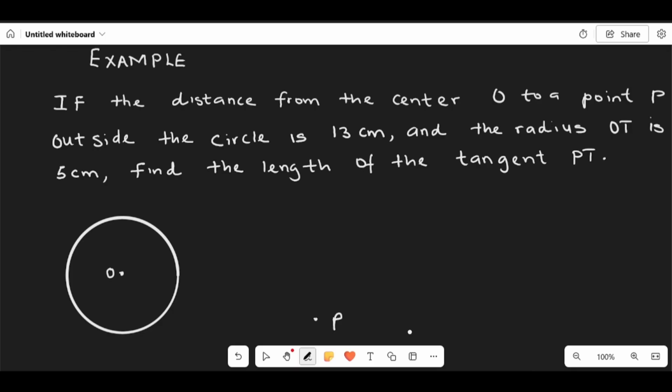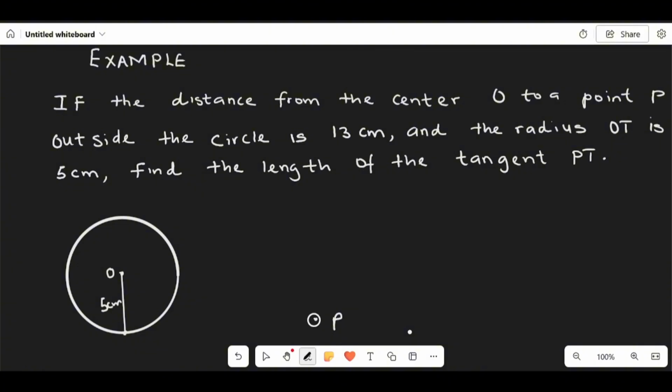Let us name this place T, and let us join here and this place together. This is 5 centimeters. And the question says we find the length of the tangent, and the tangent is a line that touches the circle at a point.